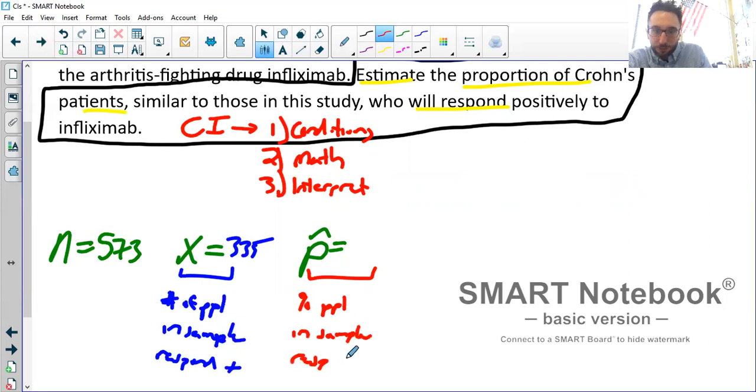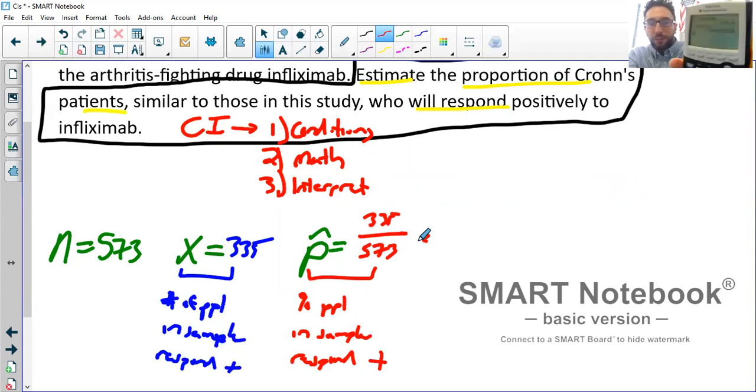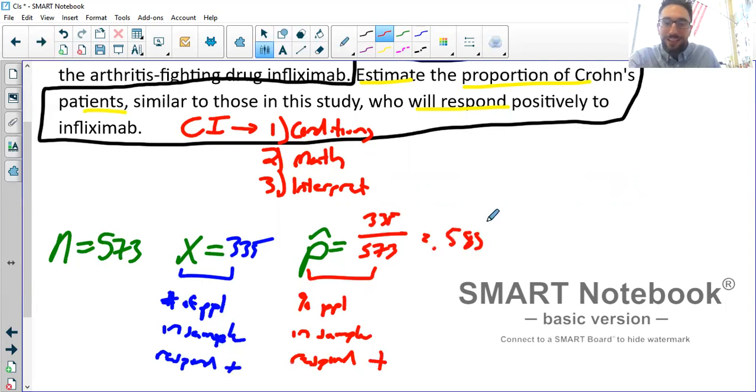You don't need a formula for that. You know that. Well, 335 of the 573 people responded positively, and that gives us 0.585. So that's how we can get X, N, and P hat from a context.